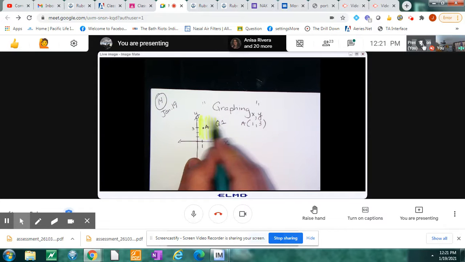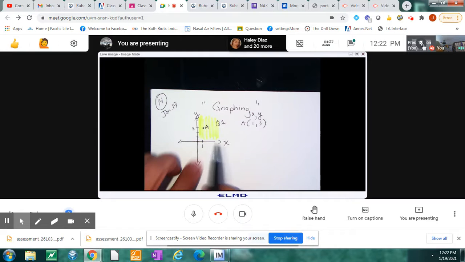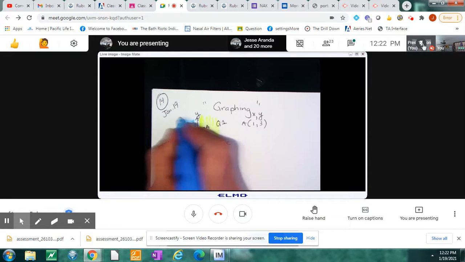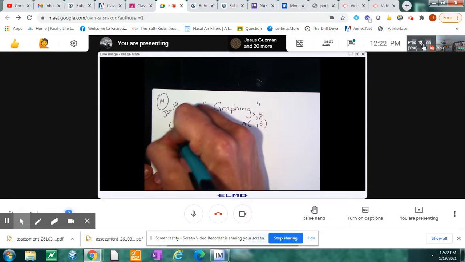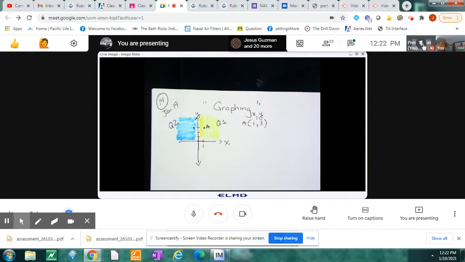Any coordinate inside here, not on the line, because if it's on the line you can't determine which region it belongs to. That's why it's not on the line. Now the blue is another quadrant, called Q2, quadrant 2.